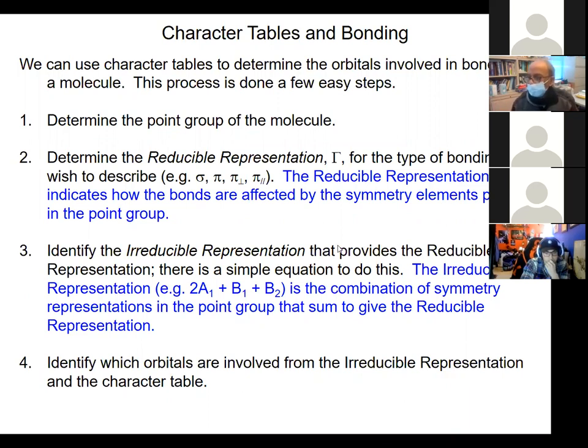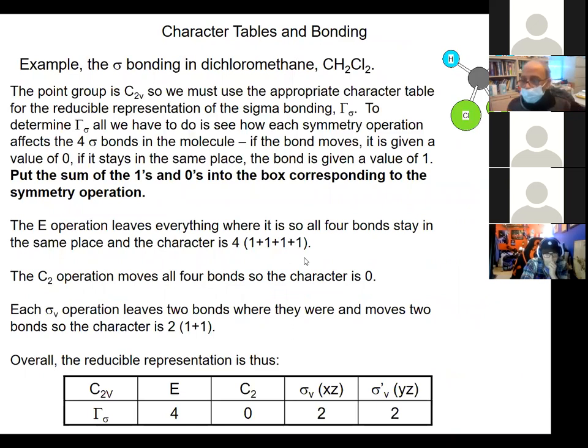So let's now start our journey with a molecule called CH2Cl2. Dichloromethane, you all know this simple molecule. If you want to look at the picture, this is how a dichloromethane molecule looks.